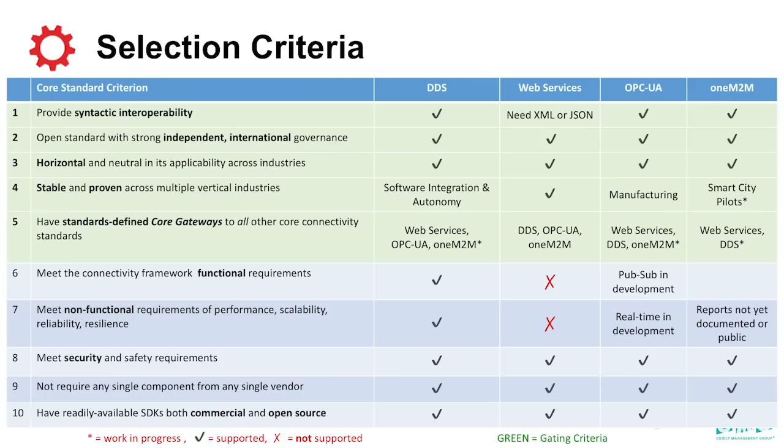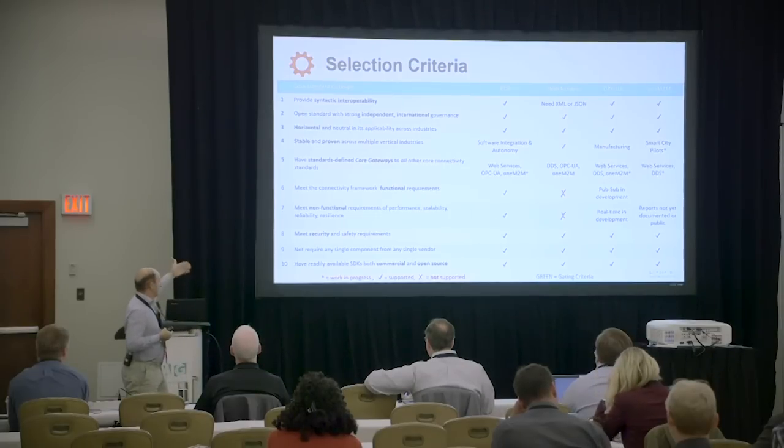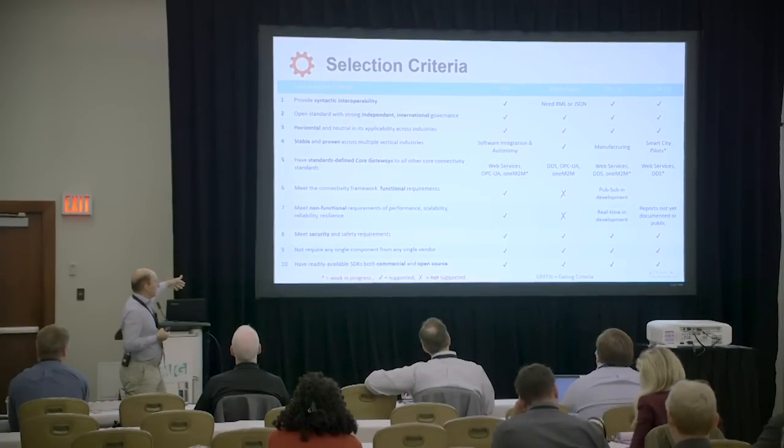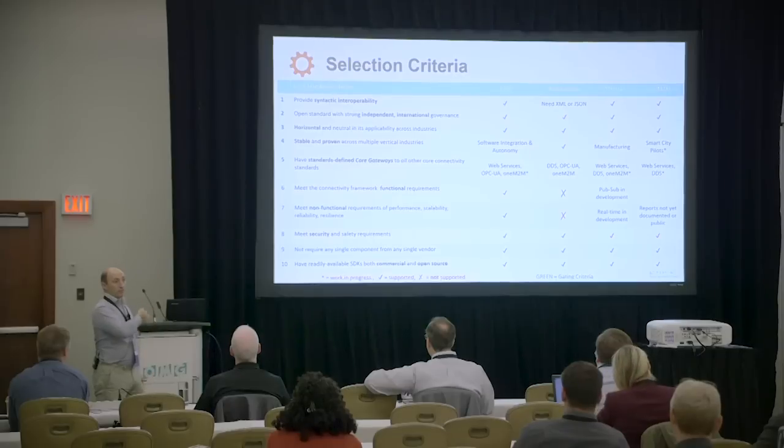And they come up with a chart where they describe their sweet spot, what they are best used for, and how they meet the functional and non-functional requirements of control systems or industrial systems in general: scalability, standards-based multi-vendor interoperability, security, availability in different programming languages, in different operating system environments, so you can go from embedded to cloud, those types of things. I don't want to spend a lot of detail reading through that.